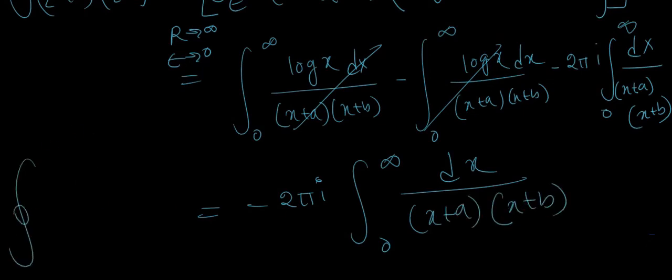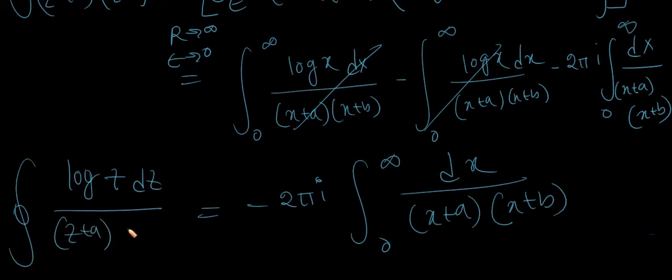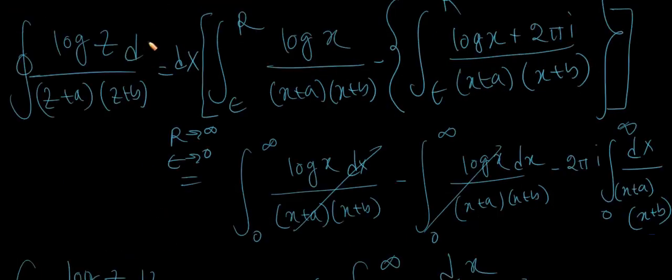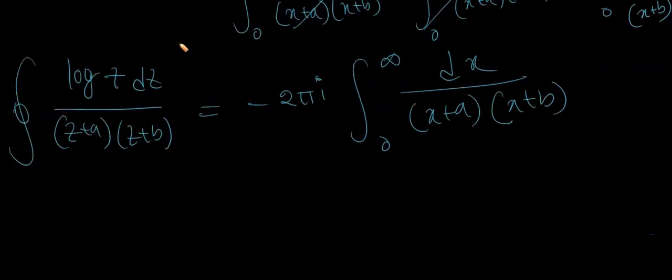And on the left hand side, this was just log of z dz over z plus a, z plus b. Oops, I forgot a dz as well. But due to Cauchy's residue theorem, on the left hand side you can write this as 2 pi i sum over the residues, right?